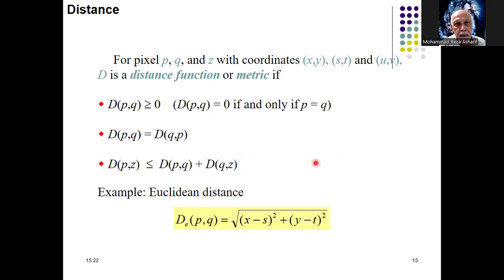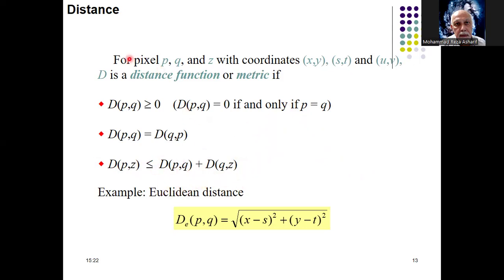You go straight from P to Z, or go from P to Q and Q to Z. The straight line is always less than or at least equal, if point Z is over the line PQ.